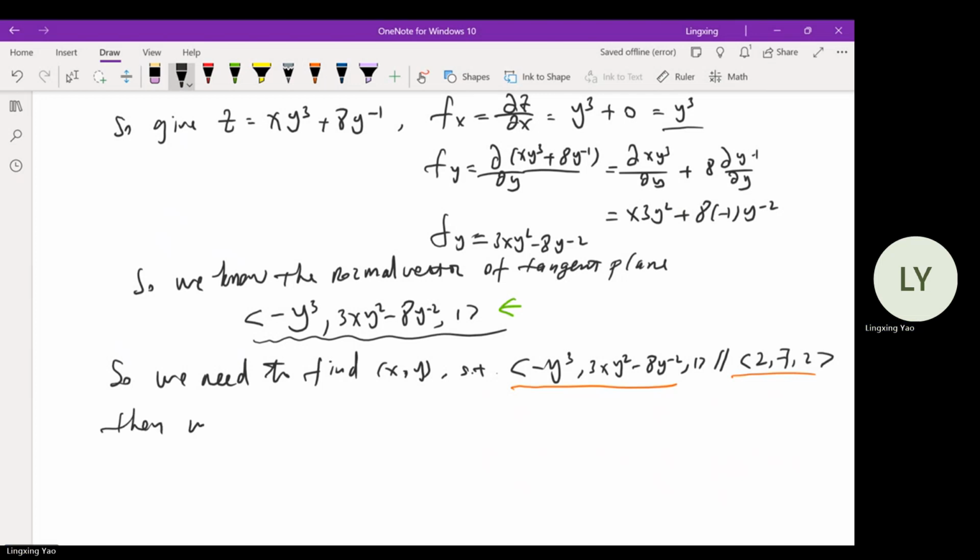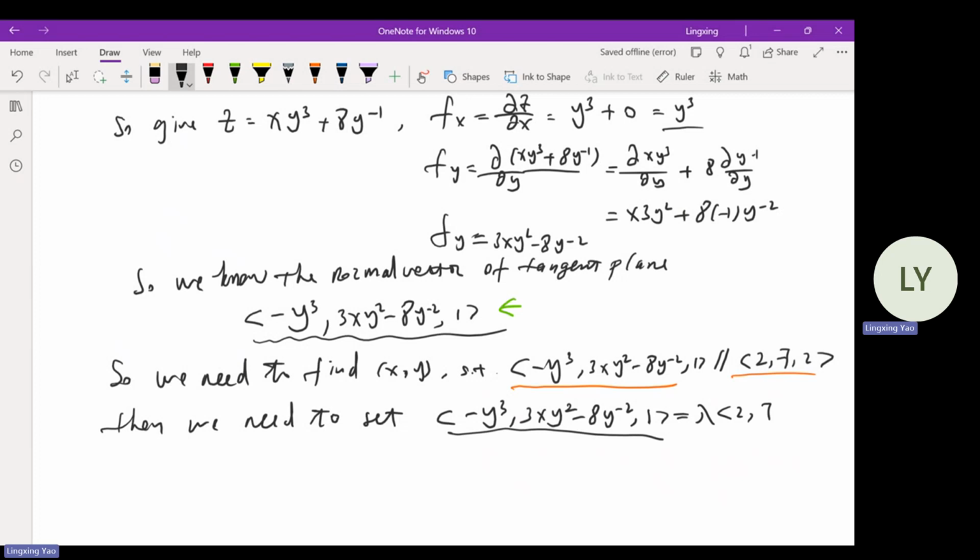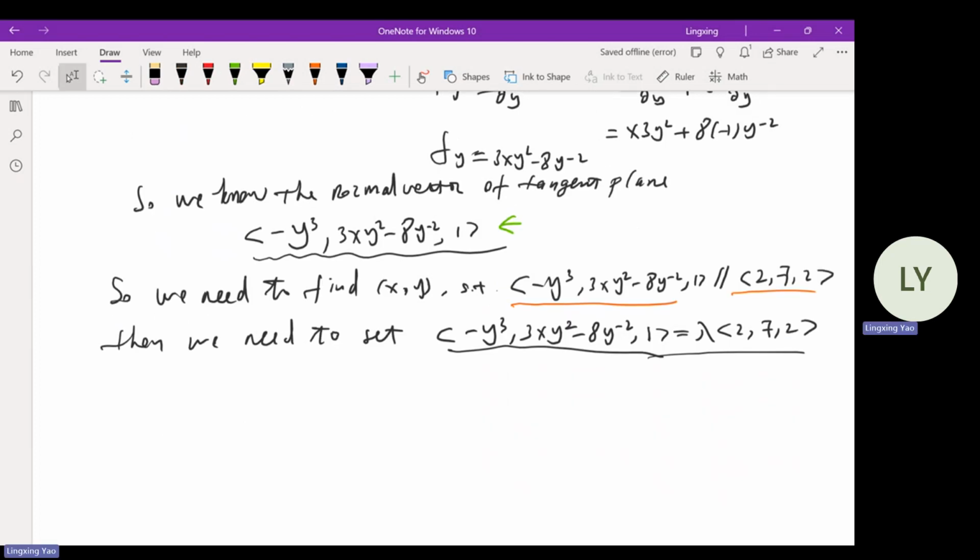We need to set the two vectors parallel to each other, which means one vector is a scalar multiple of the other. Okay, so we have three equations to set up.